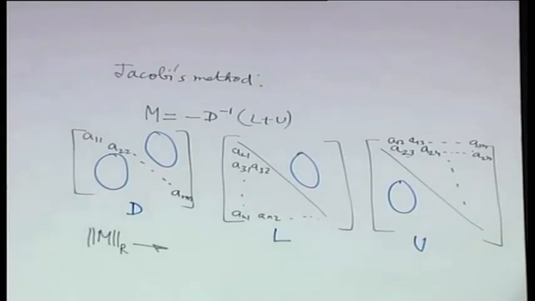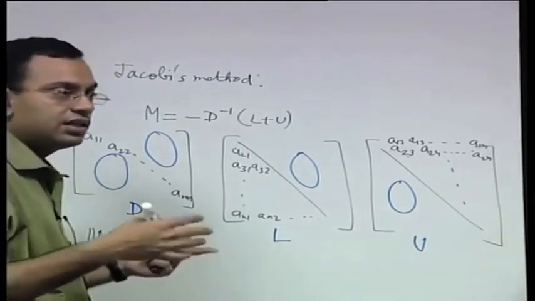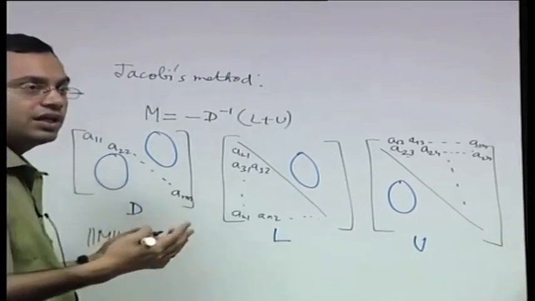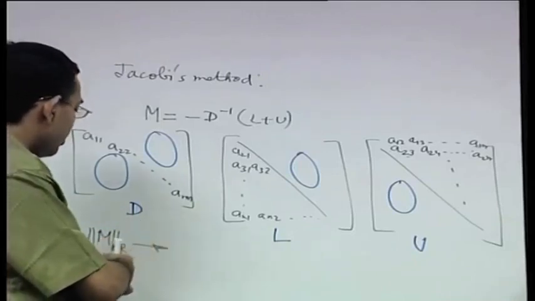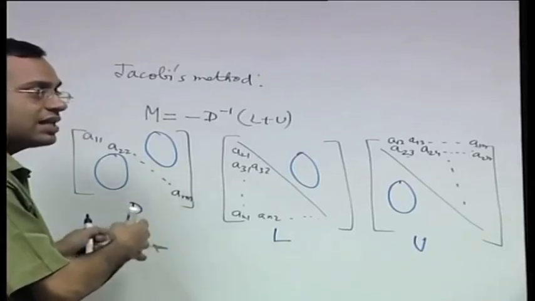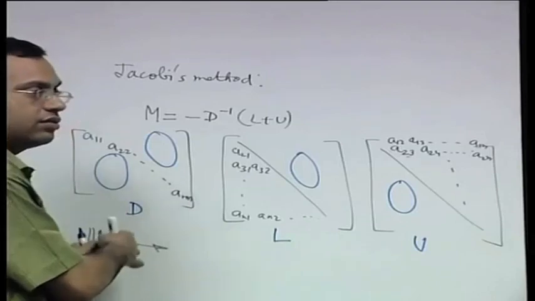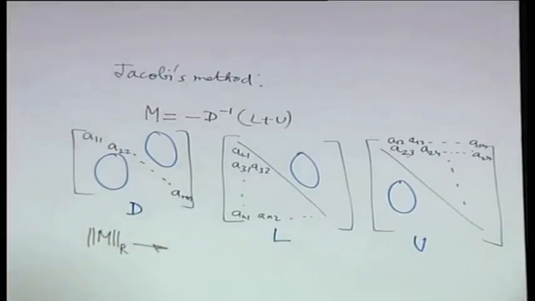Sometimes out of the row sum and the column sum norm, the row sum norm is used as a criterion. There is nothing hard and fast about it, one could use column sum or the max of those two, but usually any one of those is considered. It is just a convention that in many cases the row sum norm is used as a representation of the norm of the matrix.